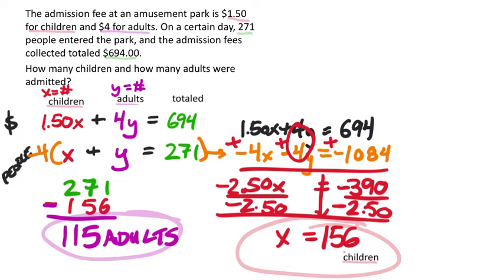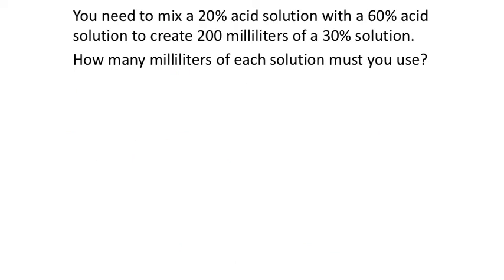So 1.50 times x, which is 156, plus 4 times the y, which is 115. Enter, and I get 694. That confirms that we have solved these correctly. We have 115 adults, 156 children. Don't forget to label your answers on these word type problems as well.